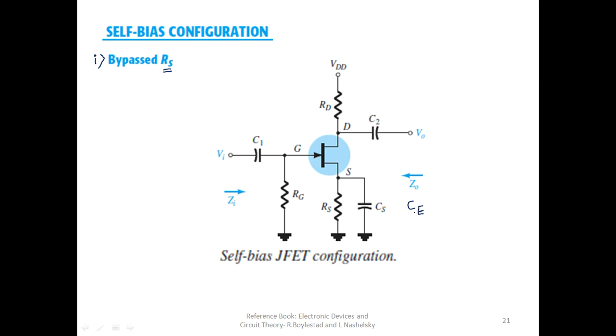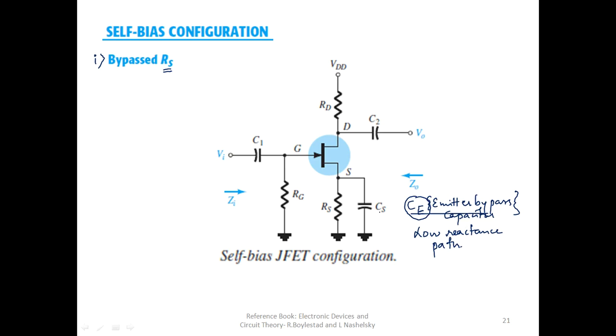I hope students can recall this, where CE stands for emitter bypass capacitor. This provides a low reactance path to the entire circuit, especially for amplification purposes. So that is with respect to a BJT.